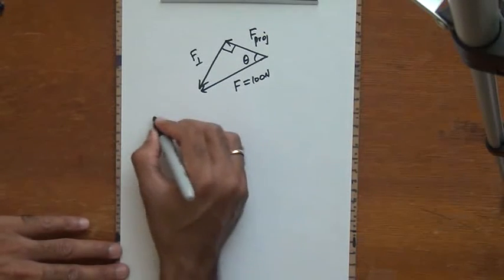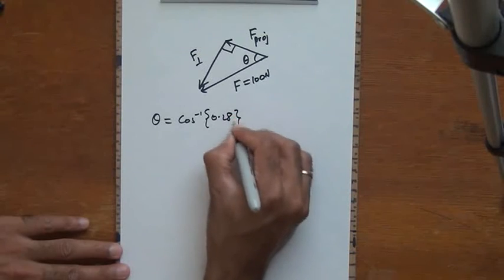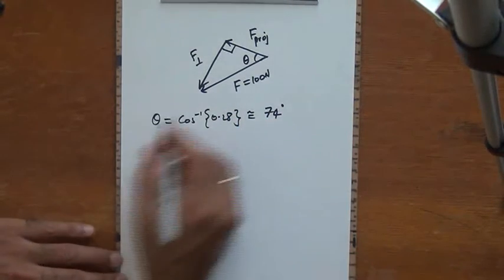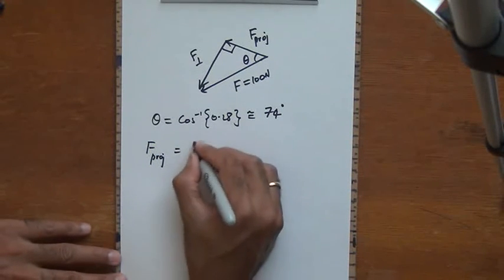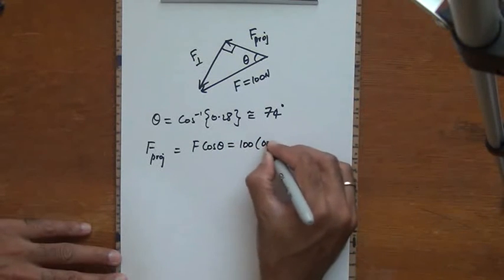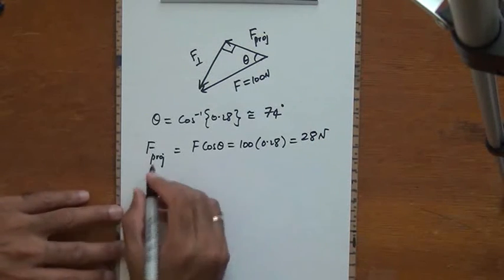I found out theta was cos inverse of 0.28, which was approximately 74 degrees. And so I can find out the magnitude of the projection vector. This is going to be F times cosine theta, or 100 times 0.28, or 28 newtons.